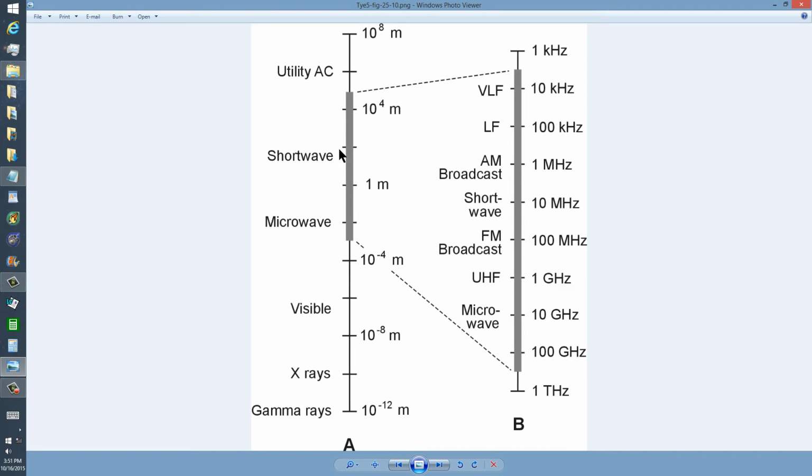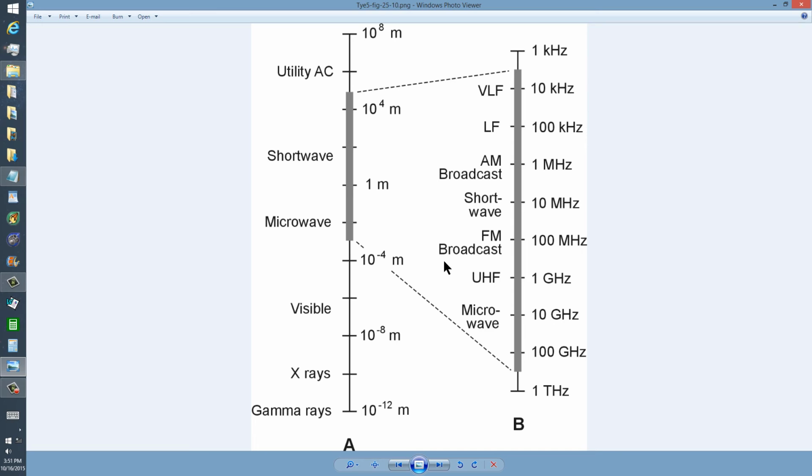This is the radio spectrum as it looks on the entire electromagnetic spectrum graph in logarithmic terms. If you blow that up, you get very low frequencies, AM broadcast, shortwave, FM broadcast, ultra-high frequencies, microwaves, and all the way up until you approach the far infrared, near infrared, visible, ultraviolet, and all of that.